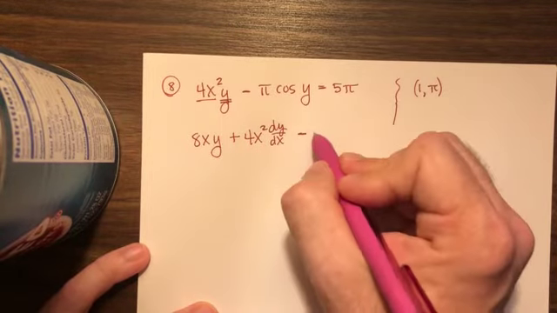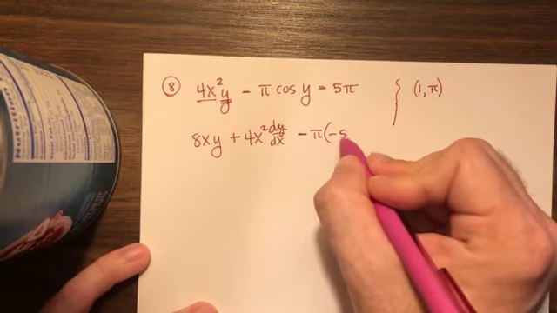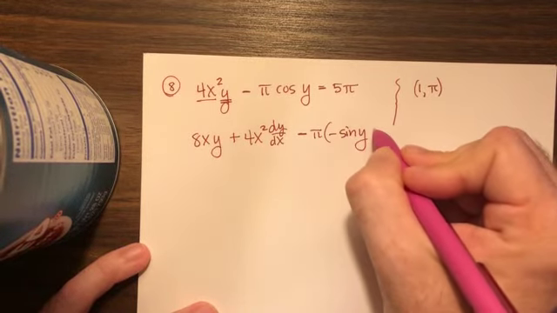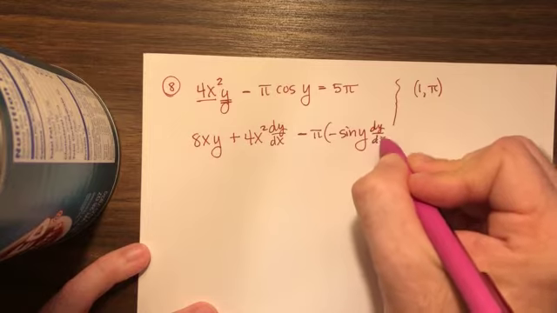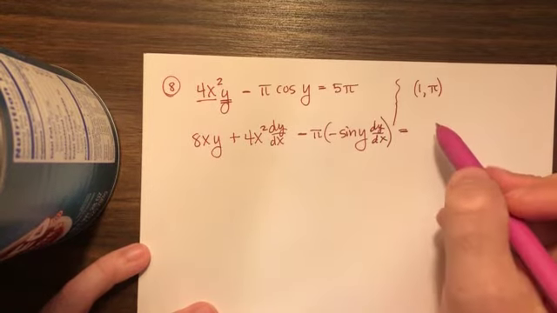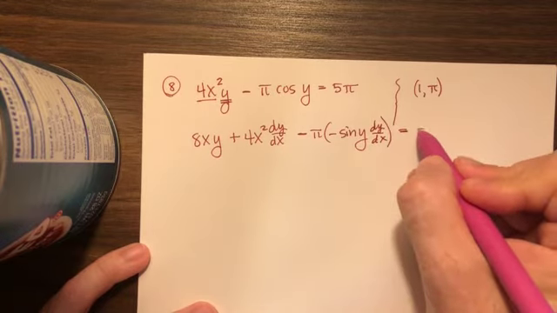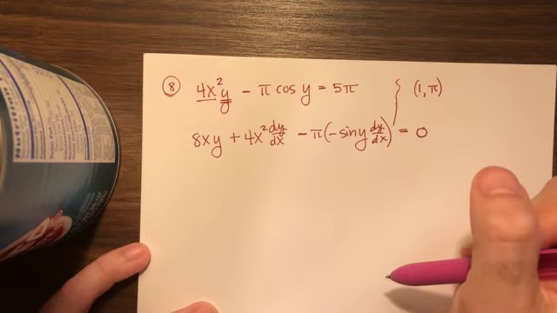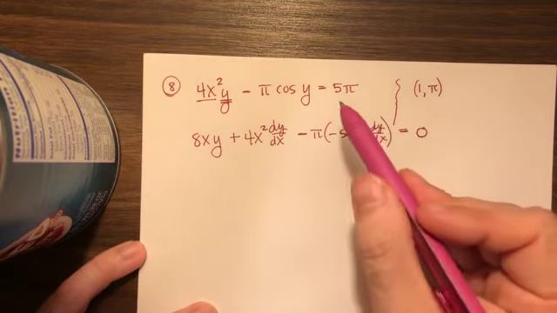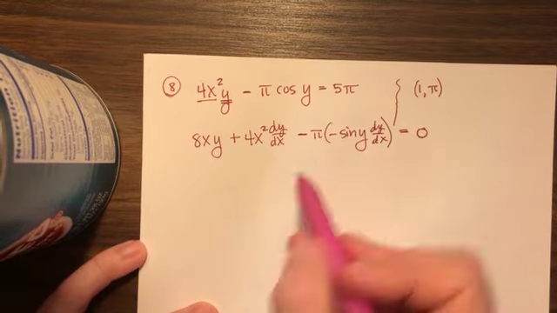It just means bring it down. It's a coefficient. But the derivative of cosine is negative sine of y. And because y is involved, dy dx. Now what's the derivative of 5 pi? It's not 5. Oh, that's right. It's 0. And it's 0 because 5 pi is a number. And the derivative of any number, no matter what, is 0.